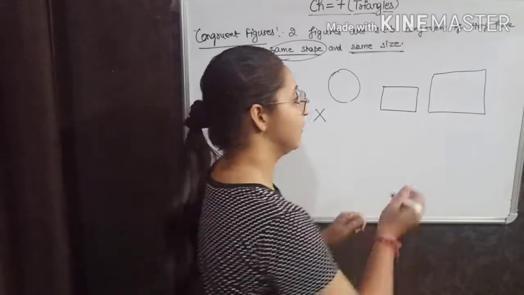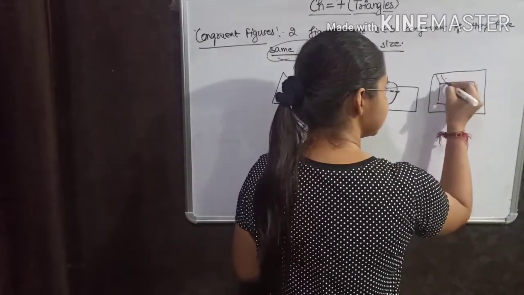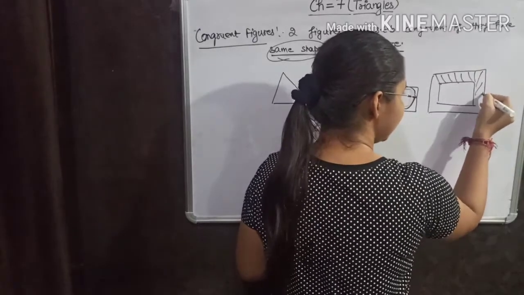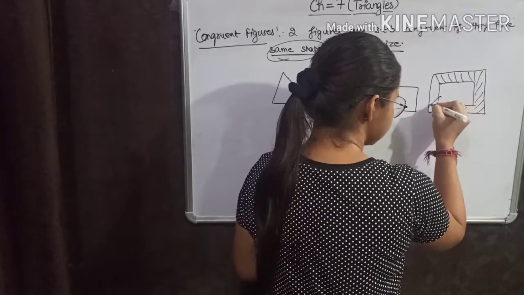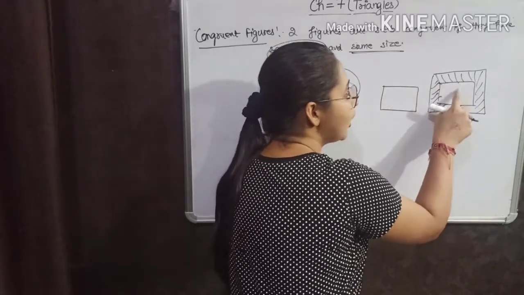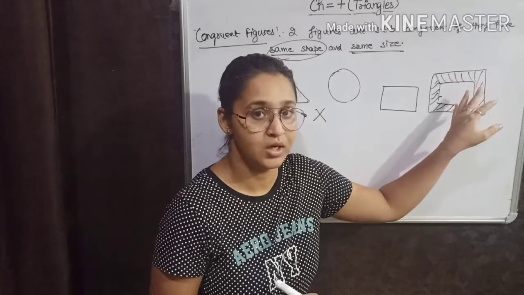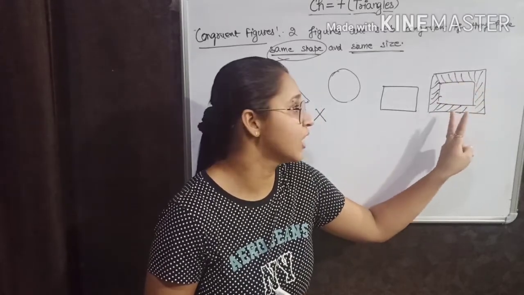No. Why? Because if I am putting the square over this, then this part will remain visible to us. It means this small square will not be able to completely cover the bigger square. That's why these two figures are not congruent.